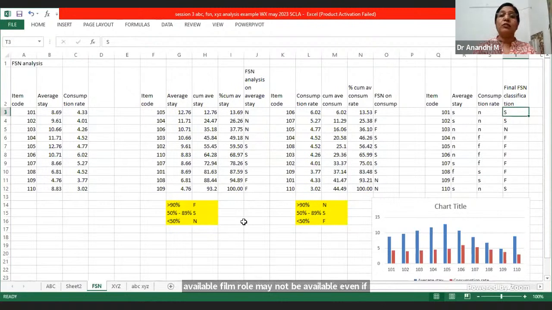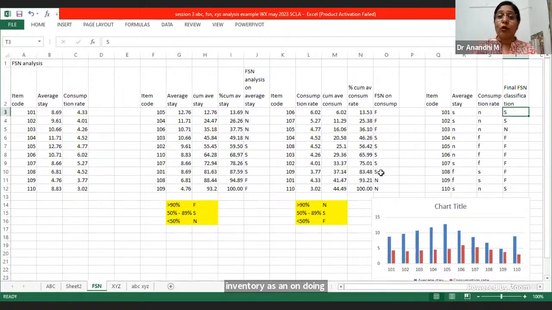Even if the film roll is available, the person who develops it may not possess that technology, as it might have become outdated. In such scenarios, you can consider totally discarding such items from your list, removing that non-moving item. But in certain categories of items, you can still consider holding a very, very minimal level of inventory as a non-moving item.